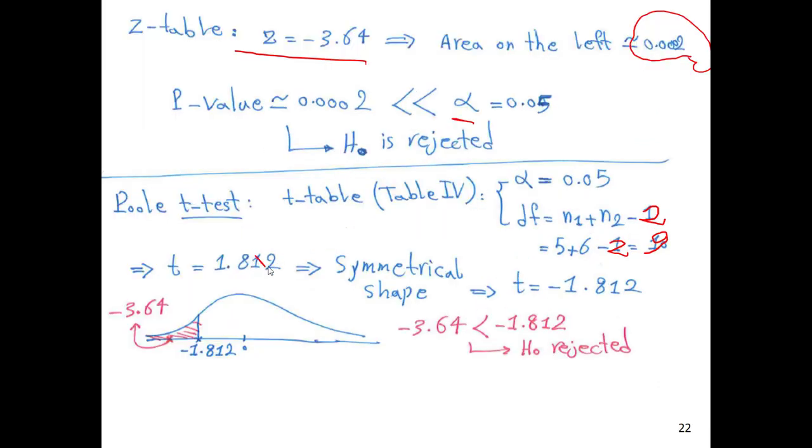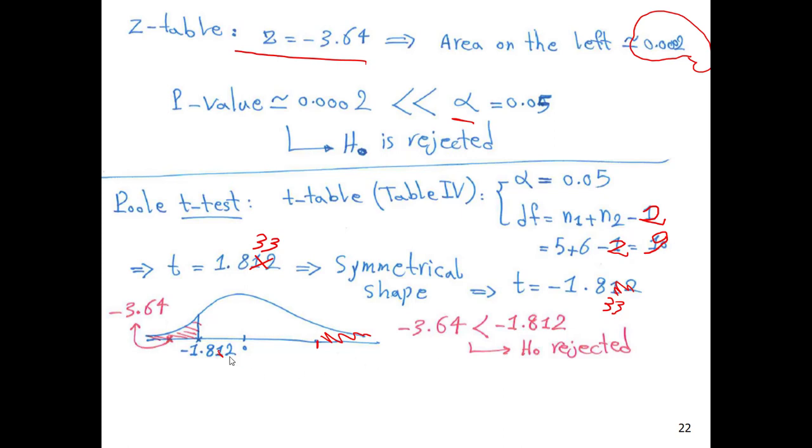As I said, I found this t here. Okay, since the curve is symmetric, you just multiply this t by a negative sign, so you will get t of minus 1.833.